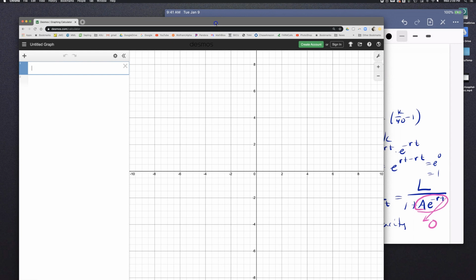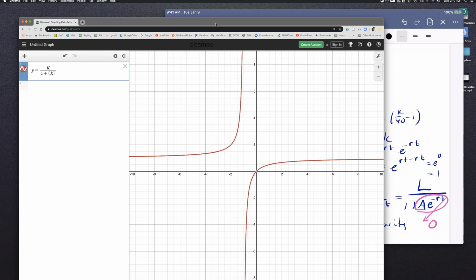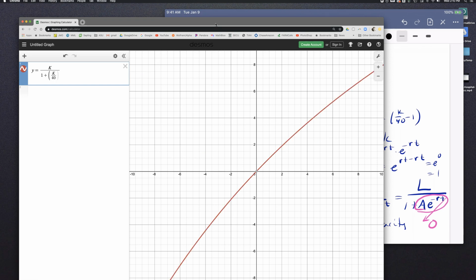So here we can look at a typical logistic function. It would be y equals L divided by, or let's look at the wolf population problem. It was k divided by 1 plus (k divided by 40 minus 1) multiplied by e to the negative rt.